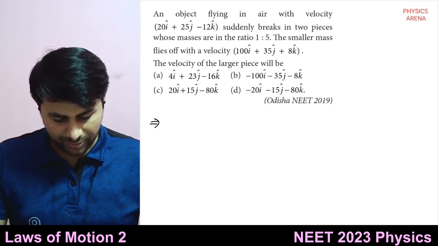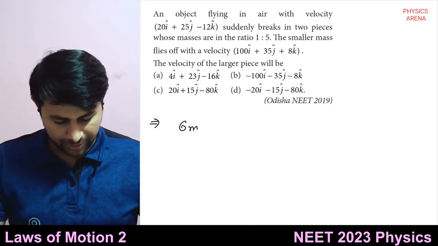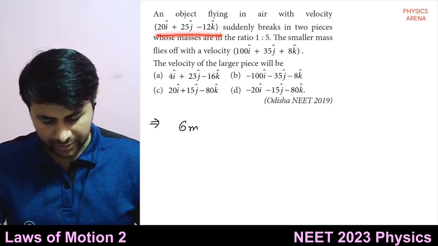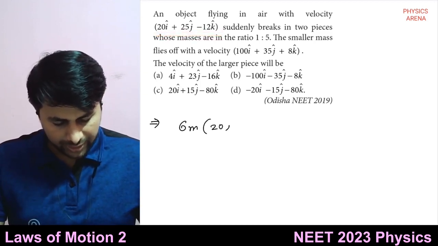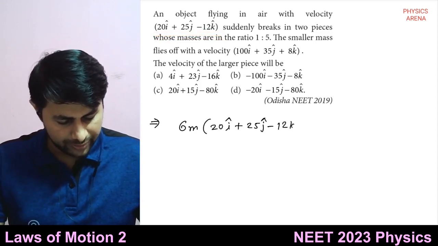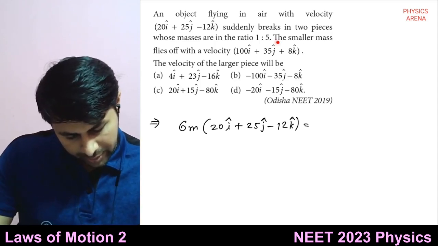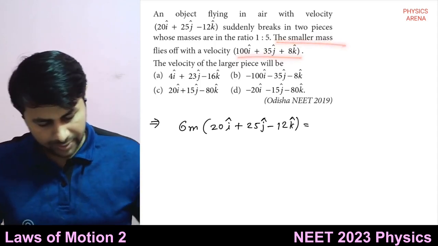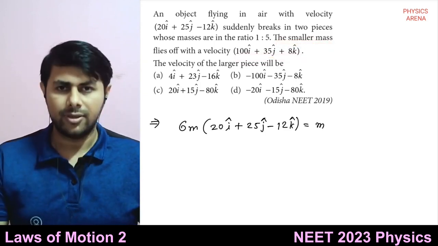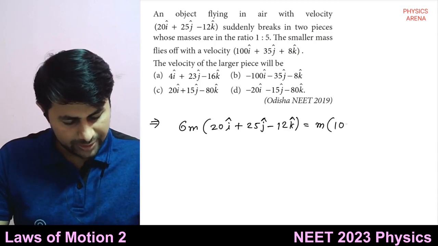So initial mass 6m multiplied by the initial velocity, 20i plus 25j minus 12k, is equal to the momentum of the smaller mass, m, and the bigger mass is 5m. The velocity of the smaller mass is given.